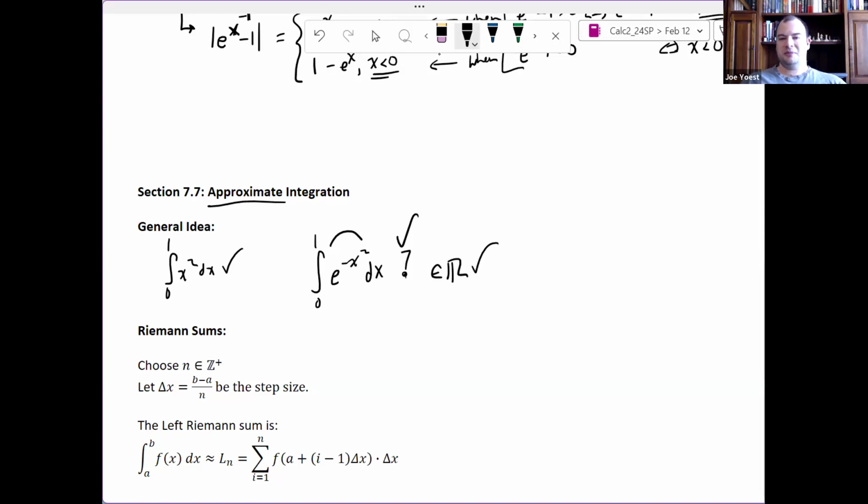There are other times that maybe I have an integral that I could in theory do, but maybe it's going to be really annoying to do. So sometimes I just really can't do the integral and come up with an explicit answer. Sometimes maybe I could do it, but it's just prohibitively difficult.